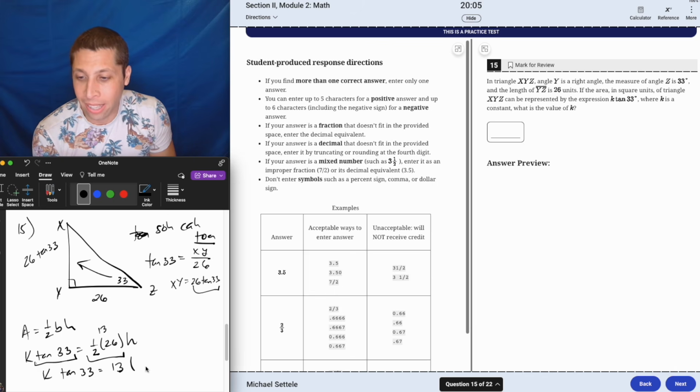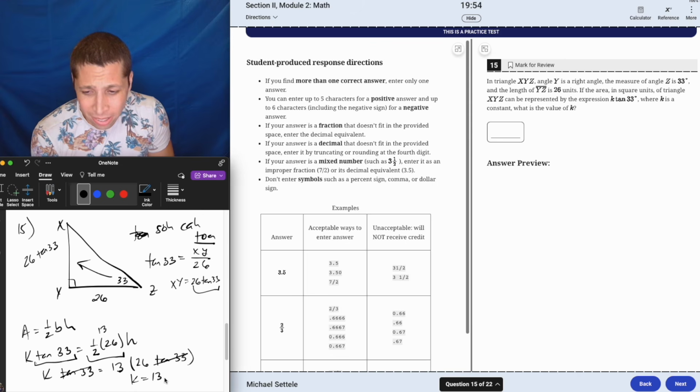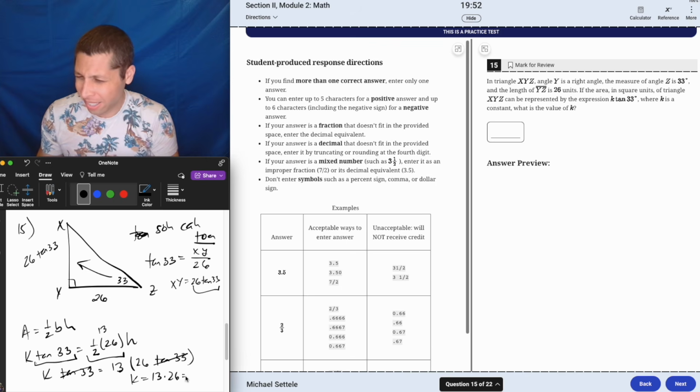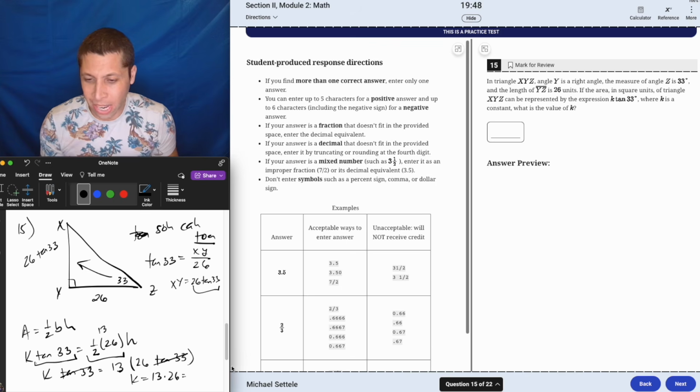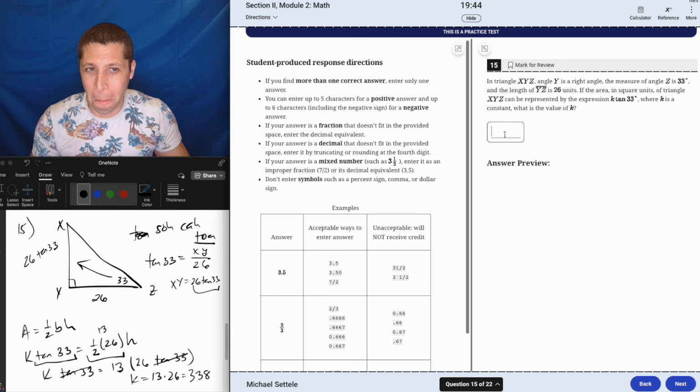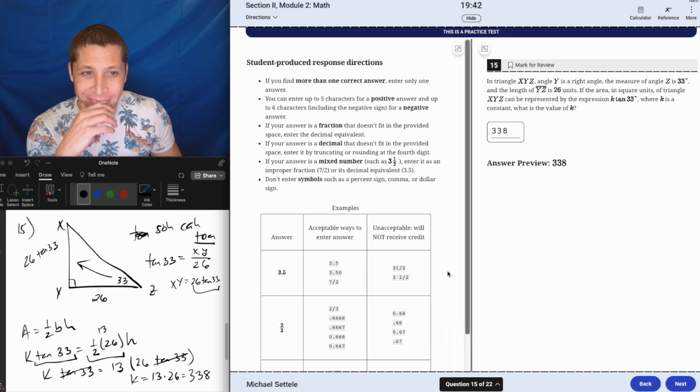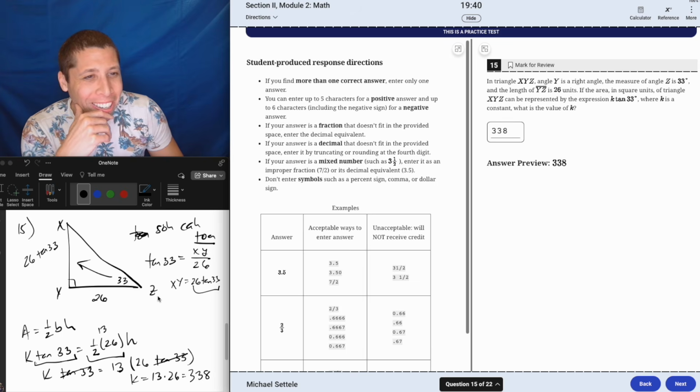The height is 26 tan 33. So this will cancel, this will cancel. So K is 13 times 26. I feel like I'm adding some extra numbers here. 13 times 26 is 338. That seems wrong. Okay. What am I doing? I feel like I'm losing it.